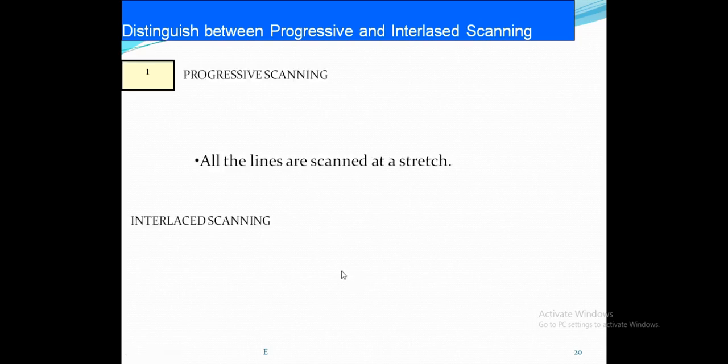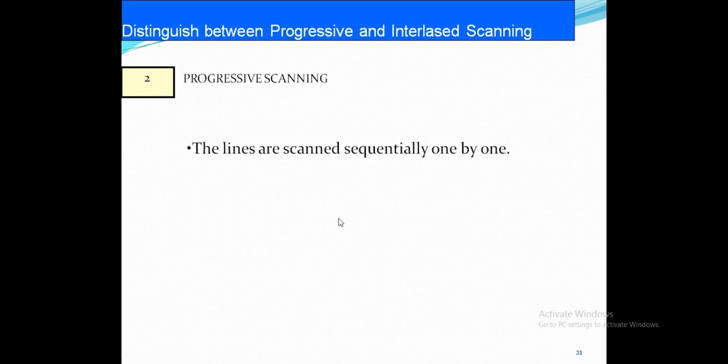Next, coming to the differences between progressive and interlaced scanning. In progressive scanning, all the lines are scanned line by line, that is sequentially scanned. But coming to interlaced, all the lines are scanned in two steps, that means odd lines will be scanned in one field and even lines will be scanned in the next field.